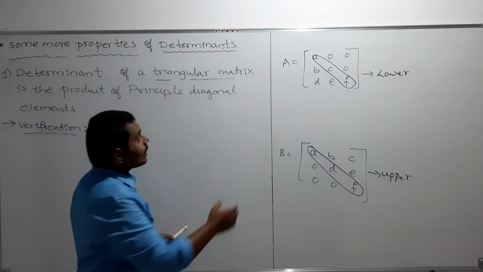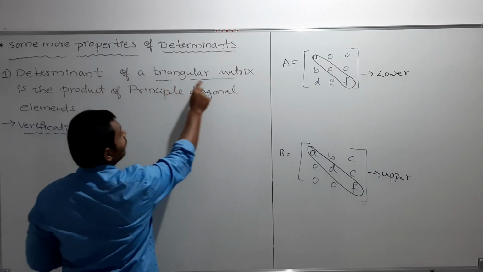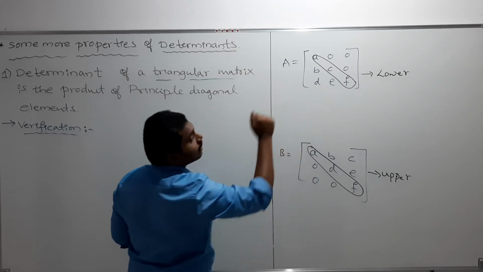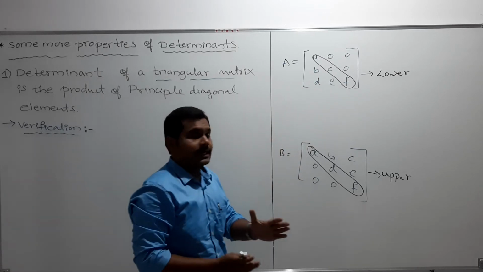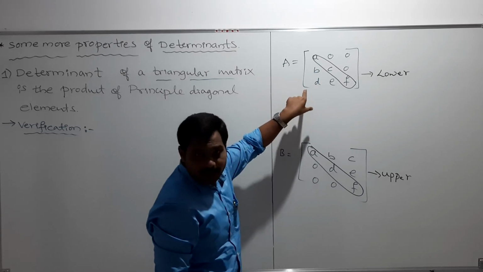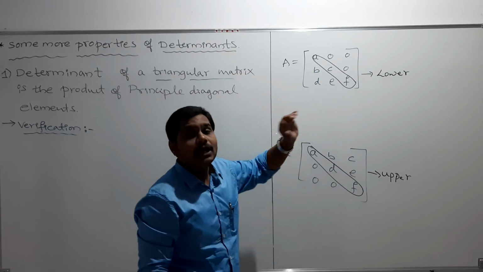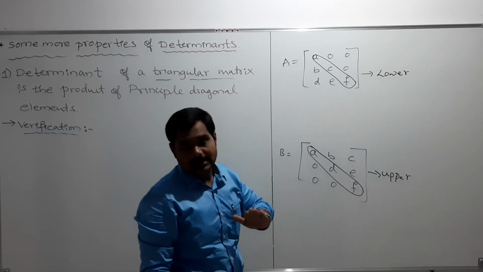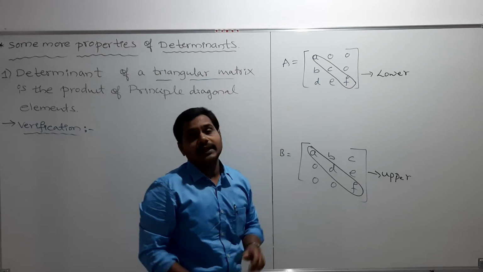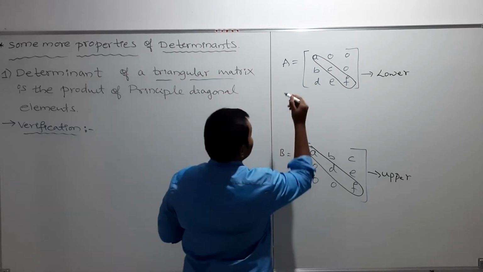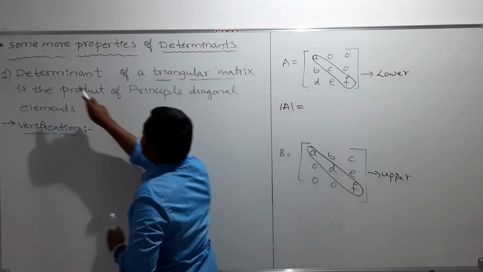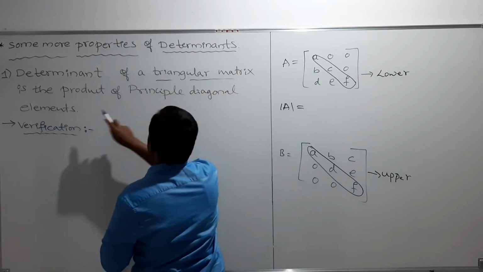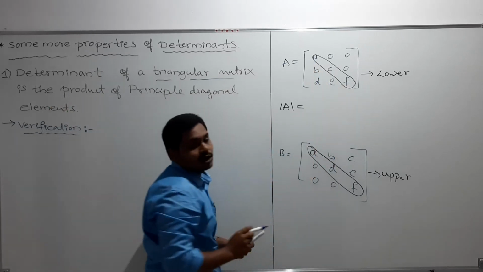So the statement says the determinant of a triangular matrix is the product of the principal diagonal elements.